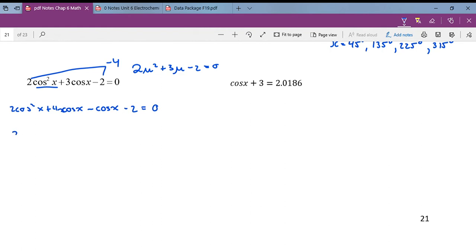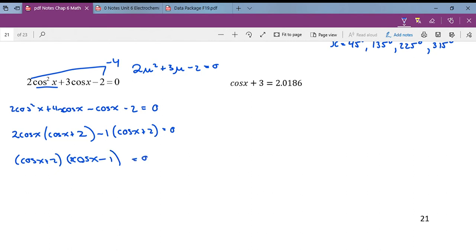I'm going to factor by grouping. So I'm going to take out a 2 cos x to be left with cos x plus 2. I'm going to factor out a -1 to be left with cos x plus 2. I'm going to take the greatest common factor out, the cos x plus 2, to be left with 2 cos x minus 1 equals 0. And if I'd done the same thing with the u, I would have got to the same place. I would have got u plus 2 times 2u minus 1 equals 0.